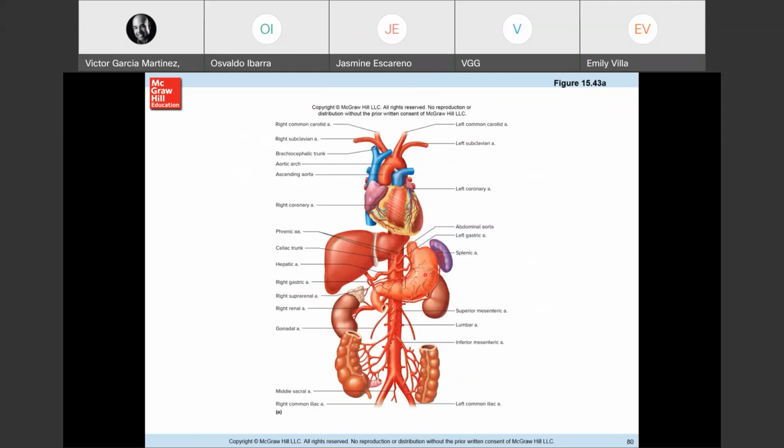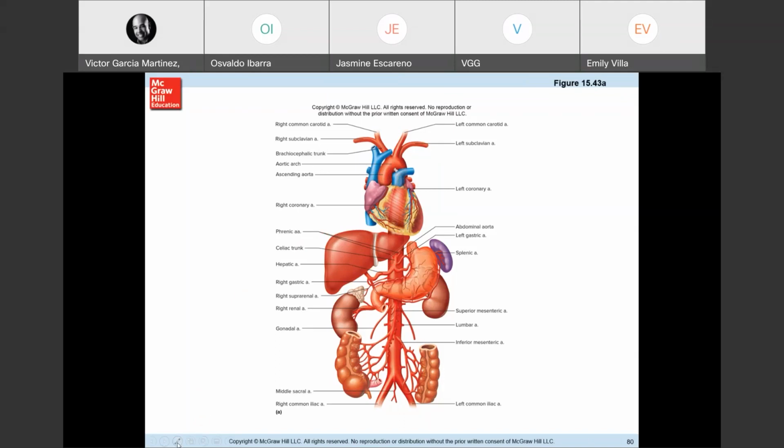The second group I'm going to show you are the branches of the aorta. You can see here, this is the ascending portion, this is the arch, this is the descending portion. For the aorta, you have two big portions.